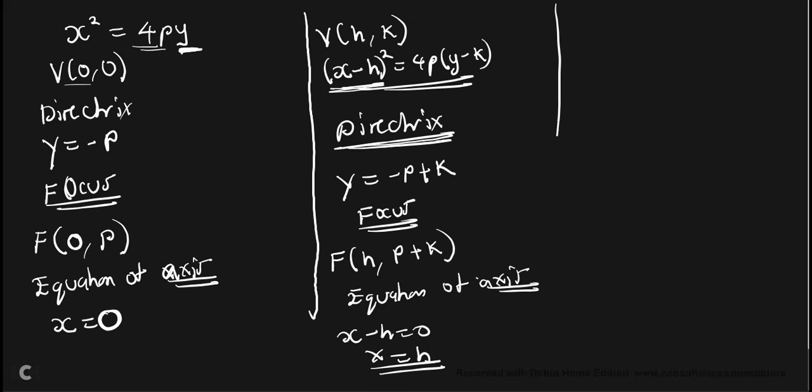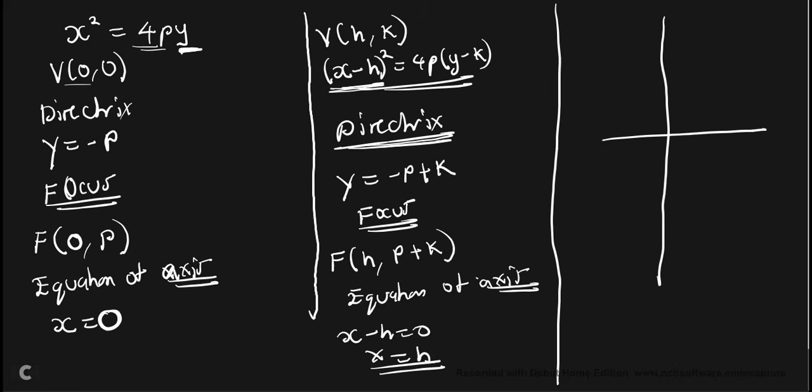Now let's draw this equation. On this equation, what is our vertex? Let's use the first one. Our vertex was 0, 0.